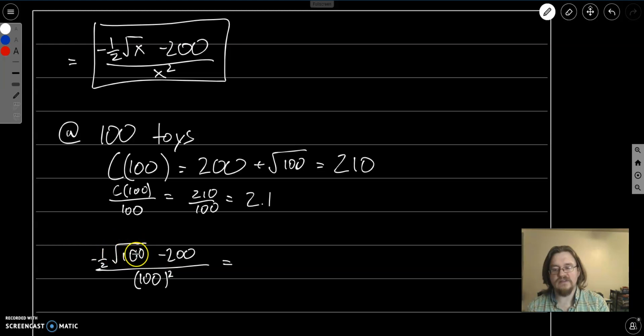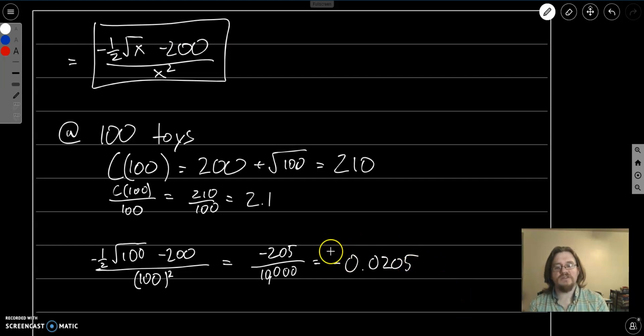So simplifying this, the square root of 100 is 10, times 1/2 is going to be 5. So this is going to be minus 205 over 100 squared. That's a lot of zeros. So it's going to be negative 0.0205.